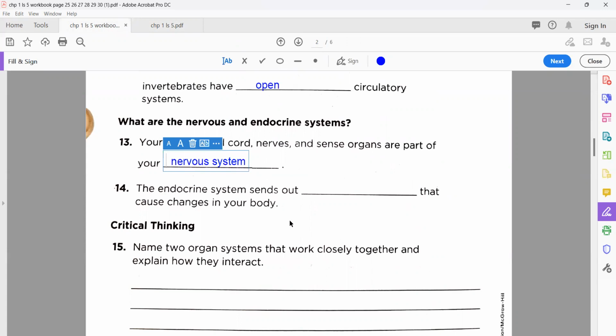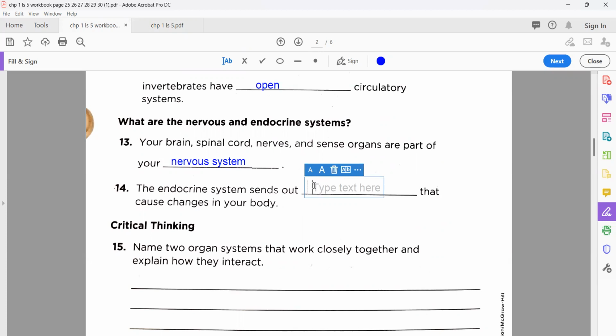The second system also coordinates and helps solve internal connections for communication. The endocrine system sends out dash. Here the communication is not via the nerves.